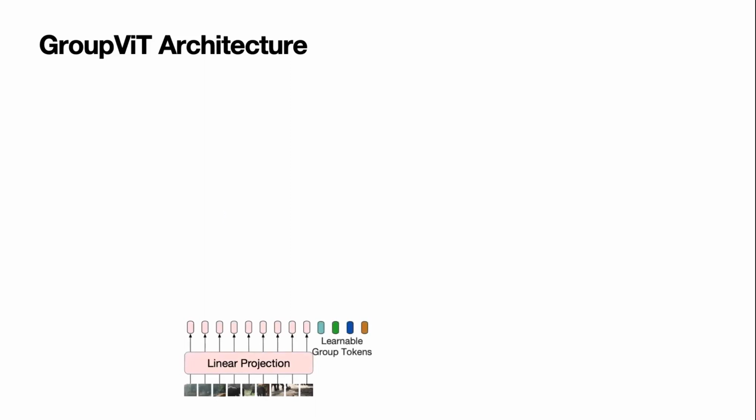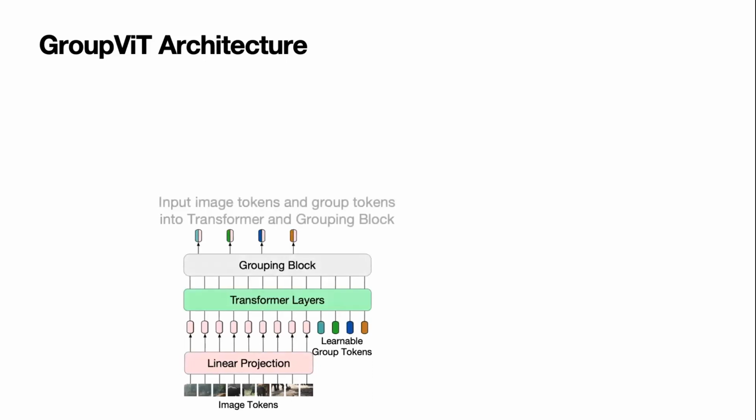In the VIT architecture, or the visual transformer, as you might be aware, the basic idea is you divide the image into non-overlapping patches, and you project them into a linear space. And in a normal transformer, you compute the self-attention between all the spatial tokens that are present in the image.